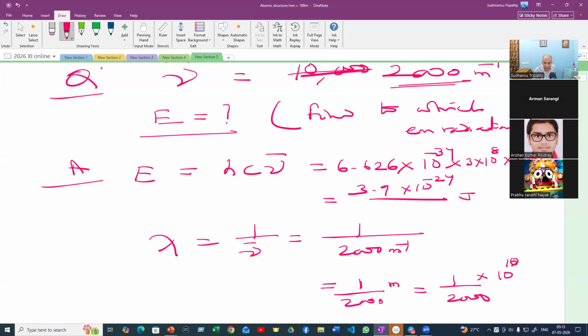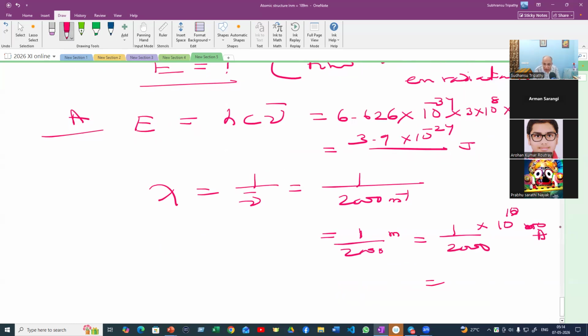Fantastic. Because 1 angstrom is equal to 10 to the minus 10 meter, so 1 meter is equal to 10 to the plus 10 angstrom. So you take a loan of 10 to the power 4 and keep 10 to the power 6, and this becomes 5. 5 times 10 to the power positive 6 angstrom.